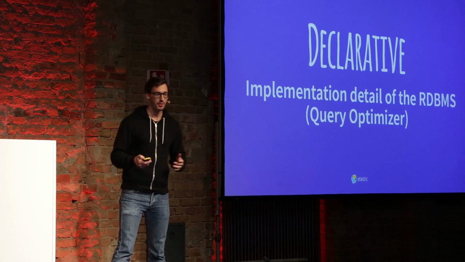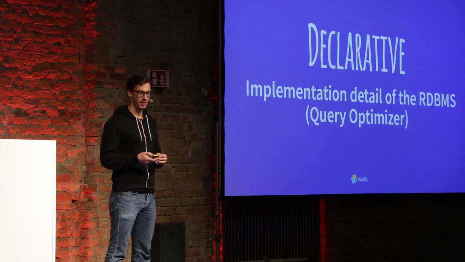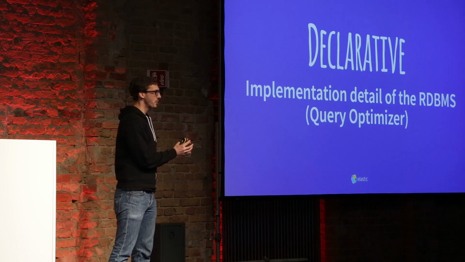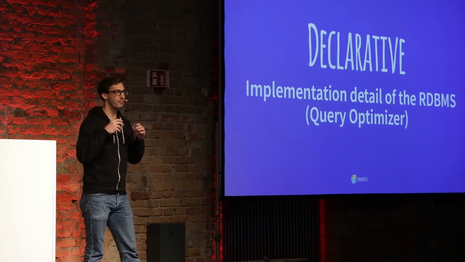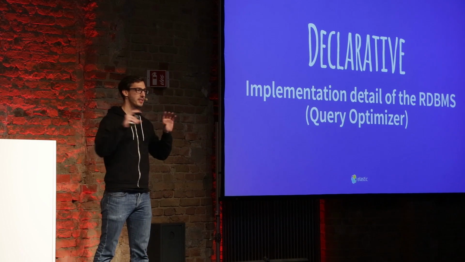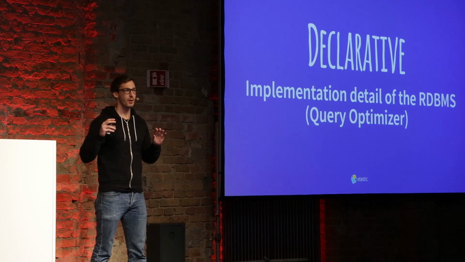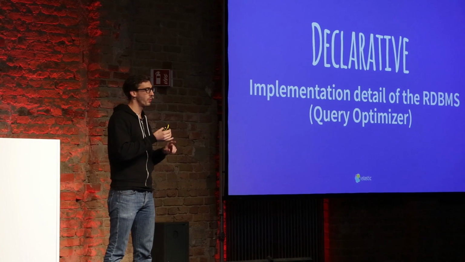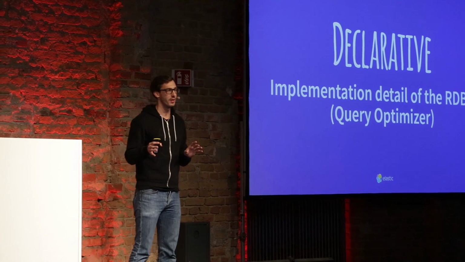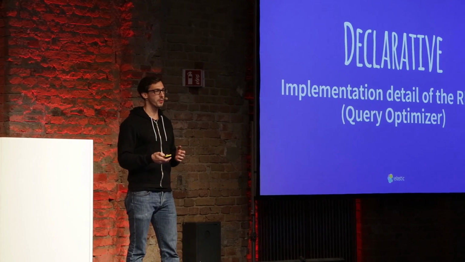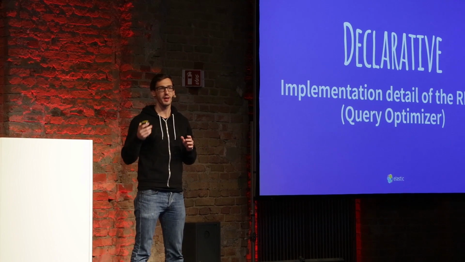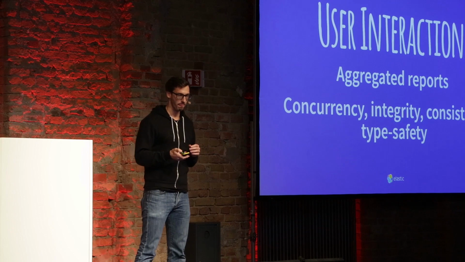The nice thing about SQL in general is that it is declarative. You do not need to know how the database works internally. You just tell the database, I want to have this information, but you do not say, I want to iterate over that data set, and you don't define a for loop, a while loop, a do loop. This is part of the query optimizer. You just define what data you want, but you do not need to specify how to actually get it.